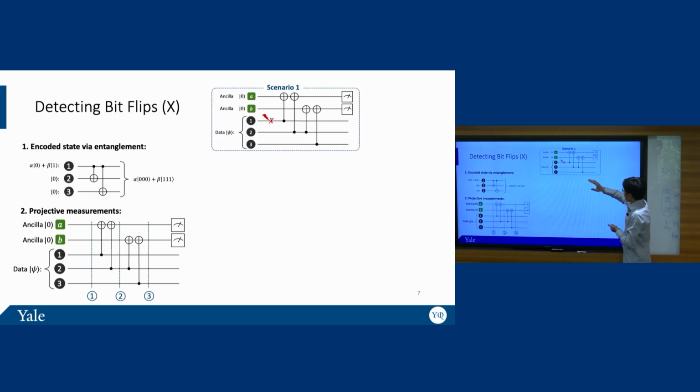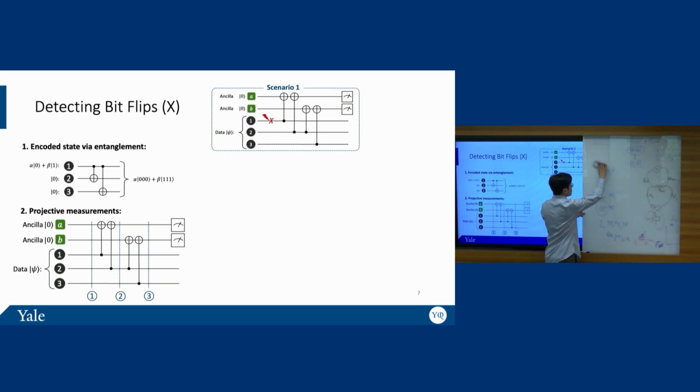So as I said, suppose the first qubit experienced an X error. We can see how the measurement results change in the presence of this X error by propagating this X through the multiple CNOT gates. And we can, of course, follow some of the commutation relations of gates.